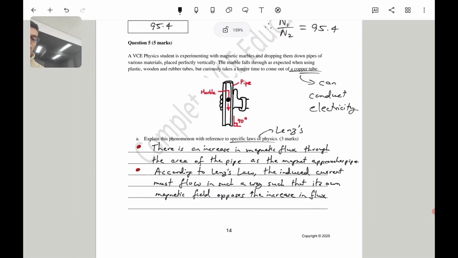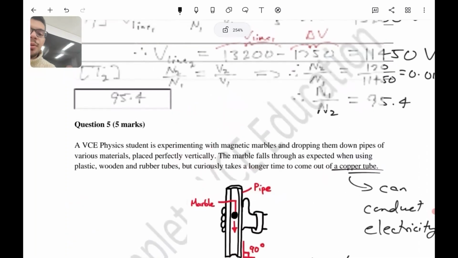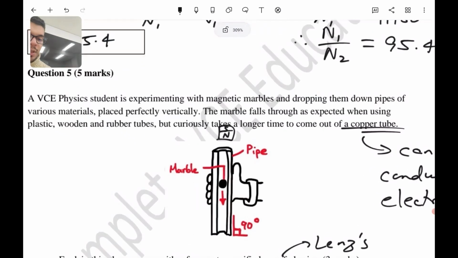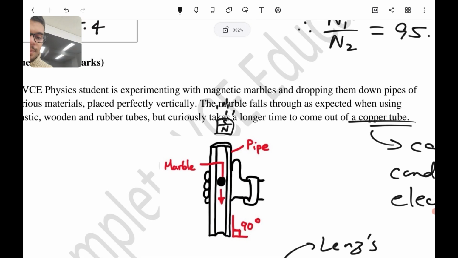Okay, so if let's say the magnetic flux was increasing downwards, for example. Let's say we might have North Pole here, South Pole here of the marble, hypothetically.